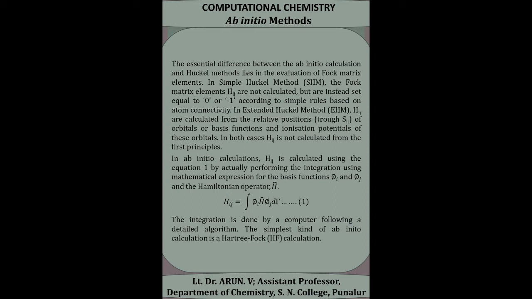In the extended Huckel method, called EHM, the Hij are calculated from the relative positions of the orbitals or basis functions and the ionization potentials of these orbitals. In both cases, the Hij is not calculated from first principles.